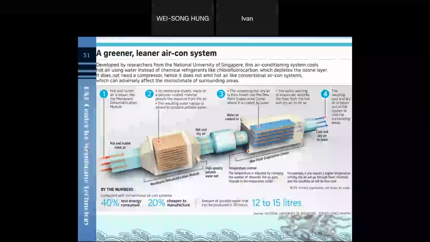Membrane dehumidification does not need chemical regeneration, such as chlorofluorocarbon materials for cooling down the water. Therefore, it is more environmentally friendly, and it drives the development of high-efficiency dehumidification membranes.